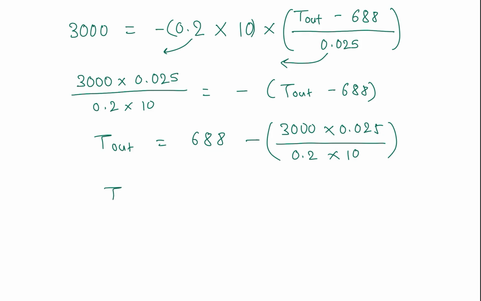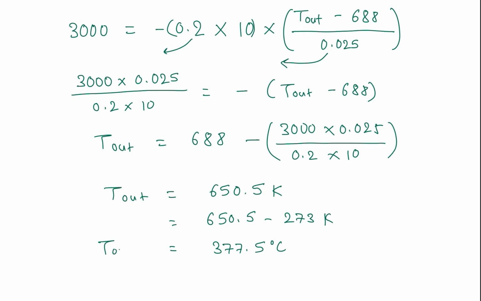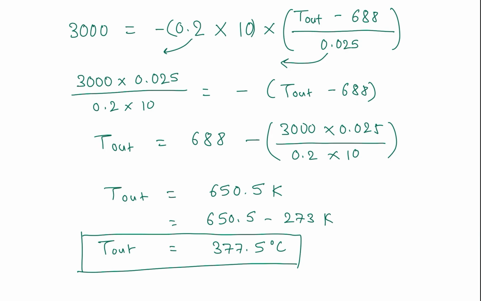If we solve this equation, the outside temperature comes out to be 650.5 Kelvin. If we convert that into Celsius, we have to subtract 273, so we have 377.5 degrees Celsius as T outside. So this is the solution for this problem.